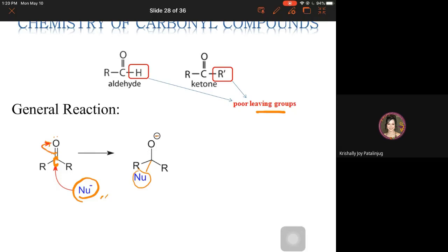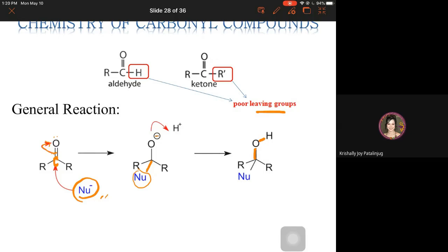Therefore, upon forming a new bond, the oxygen will try to stabilize itself by picking up a proton in the reaction. Usually the reaction involves a proton, an acid catalyst, so it will just pick up the hydrogen, the proton, from the reaction to stabilize. So the oxygen is now stabilized, right? That is all that happened for aldehydes and ketones.